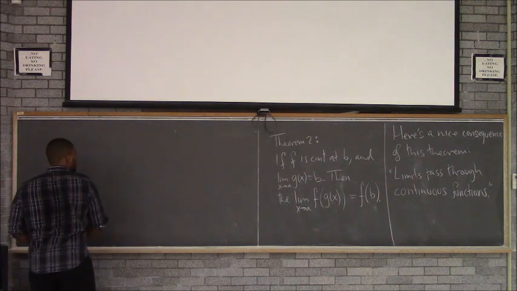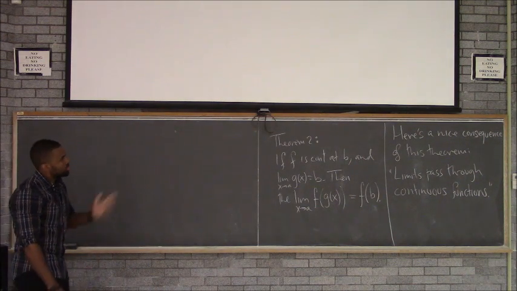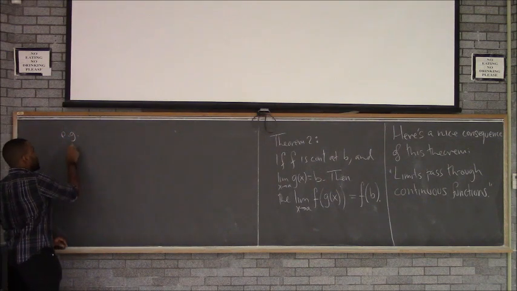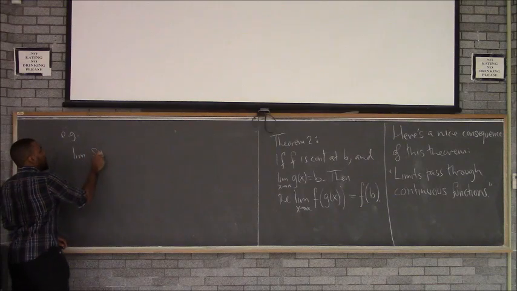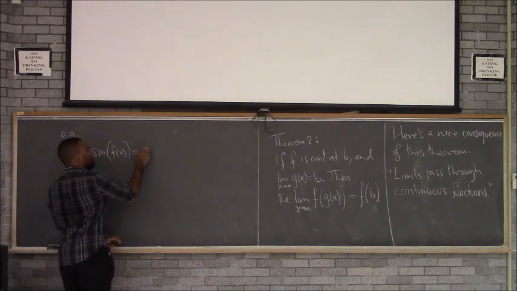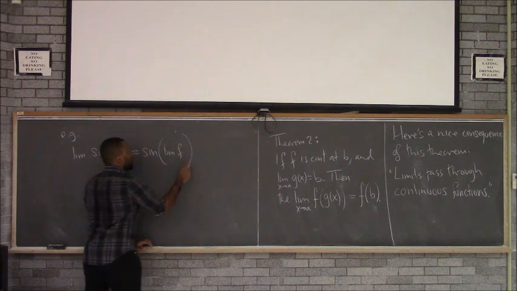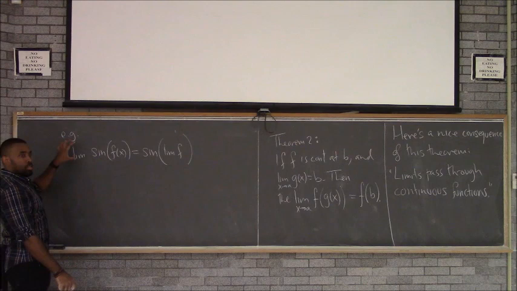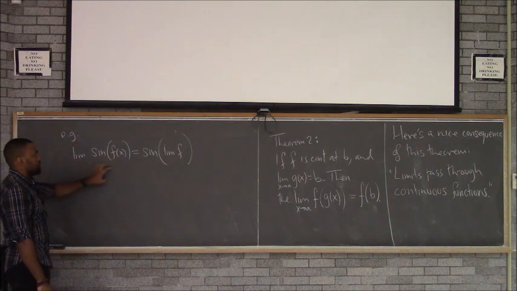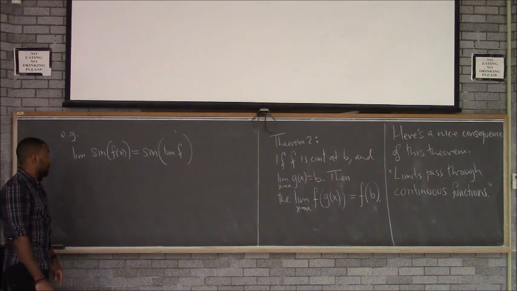You have to prove this. They all have proofs, but I don't want to spend time on these ones because I want to spend time on other ones. So, for example, if I'm talking about the limit of the sine of some function, I can just look at the sine of the limit of the function. Because I know that the sine function is continuous, I can move the limit inside of the sine function and worry about what's going on inside the angle.